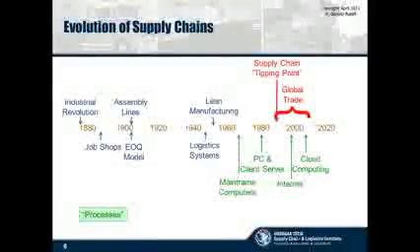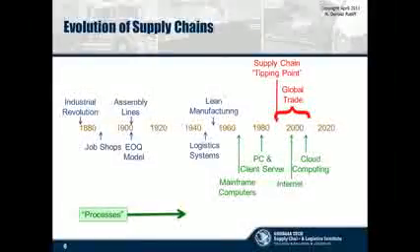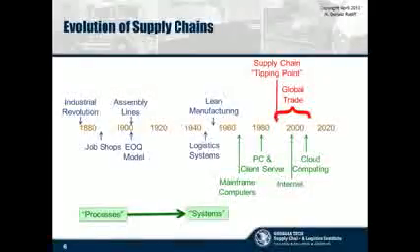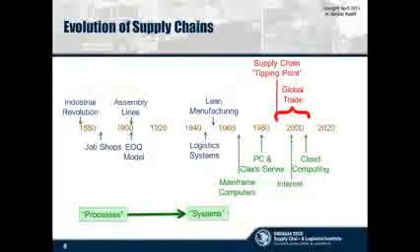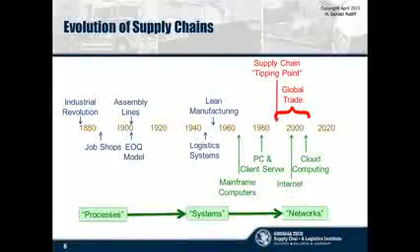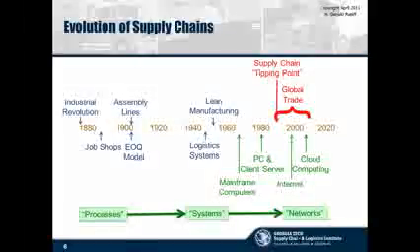Early on, the focus was on processes with regard to supply chains. In the 1940s, we didn't abandon processes, but had to look much more at systems, and particularly systems of processes. And then starting about 1990, the focus has shifted much more to networks.